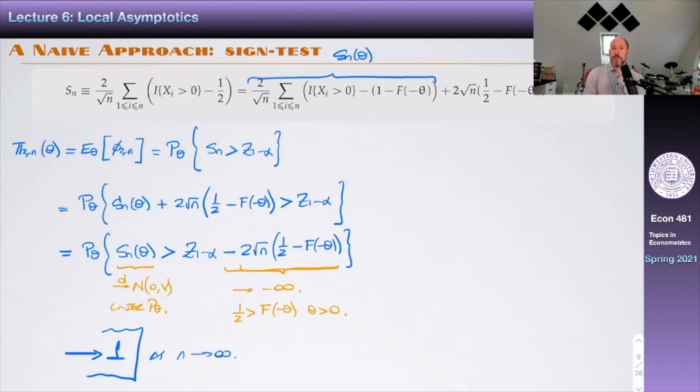So the sign test was slightly more annoying than the t-test, but still relatively easy to analyze. Only required to add and subtract things. And the main takeaway is that now we learn that both tests have power functions that go to 1 as n goes to infinity.